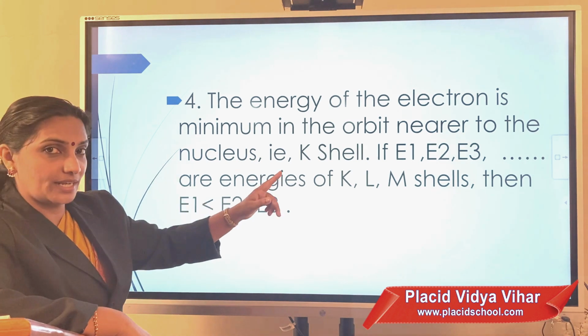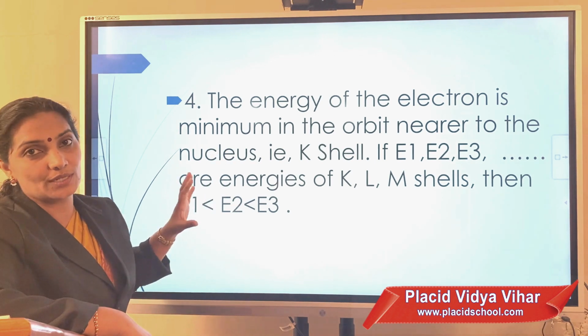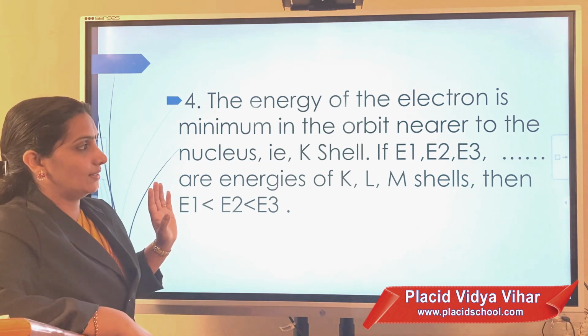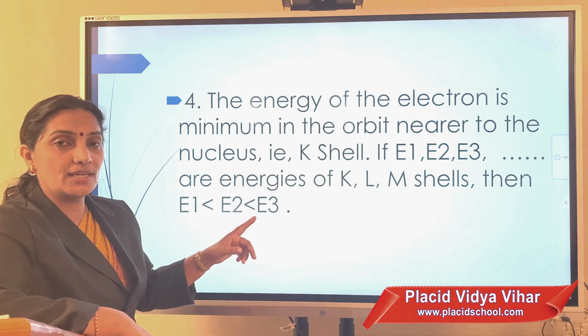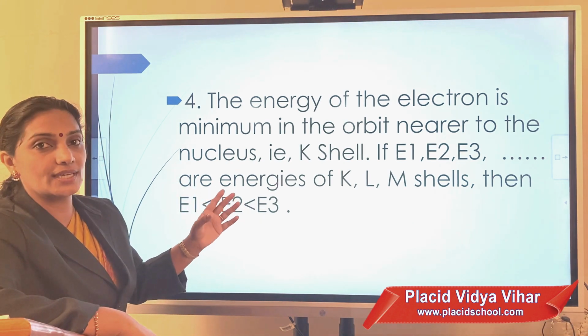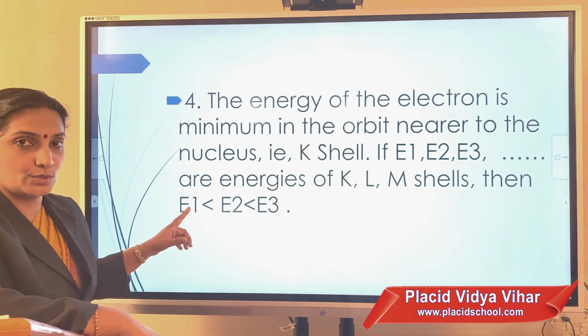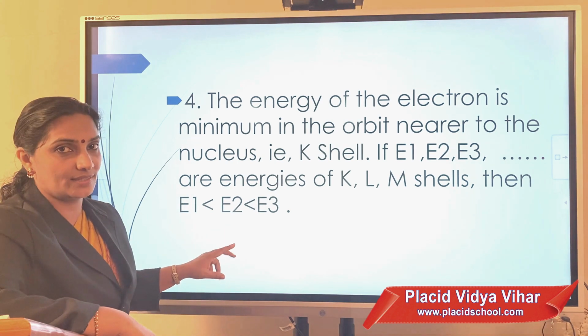The energy of the electron is minimum in the orbit nearer to the nucleus, that is in the K shell. If E1, E2, E3, etc. are energies of K, L, M, etc., then E1 is less than E2, which is less than E3.